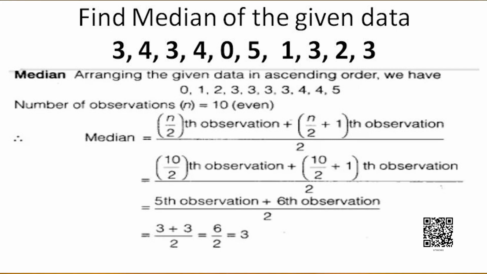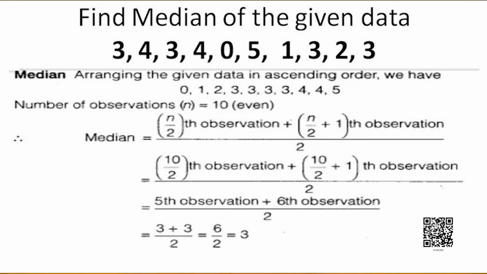But if I take another example, say find the median of the given data: 3, 4, 3, 4, 0, 5, 1, 3, 2 and 3. So let me count. These observations are 1, 2, 3, 4, 5, 6, 7, 8, 9, 10. 10 observations.